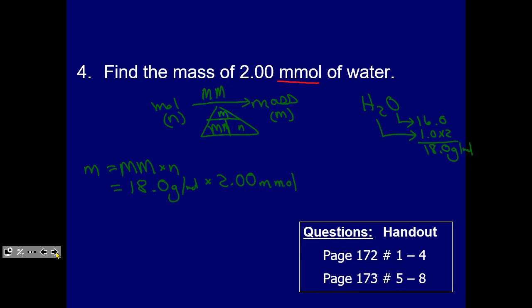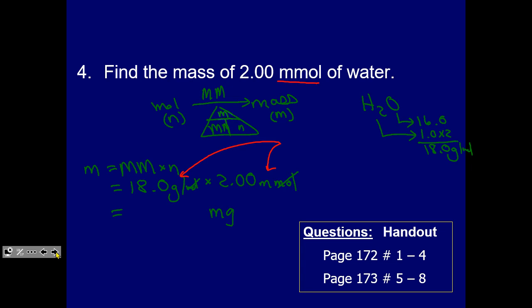Now, technically, what happens in the calculation is that the mole cancels out the mole in the molar mass unit. But notice that my prefix milli is still there, which means the units that I have at the end are milligrams. So the milli hangs around.